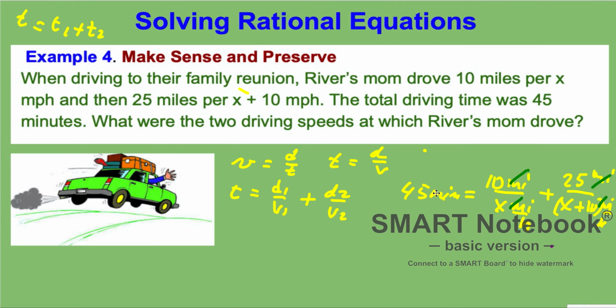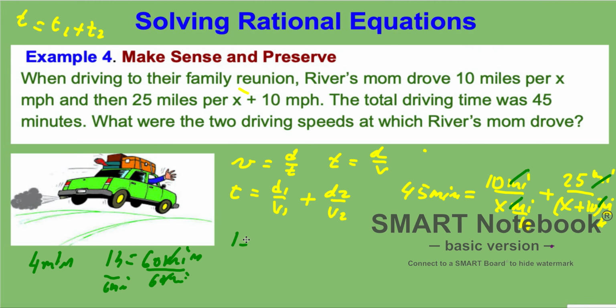But I need to convert this 45 minutes into hours. We already know 1 hour is equal to 60 minutes. If we divide both sides by 60 minutes, 60 minutes with 60 minutes simplifies, and 1 is going to be 1 hour over 60 minutes.